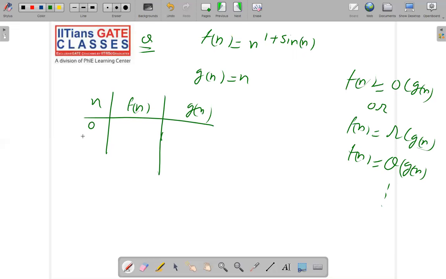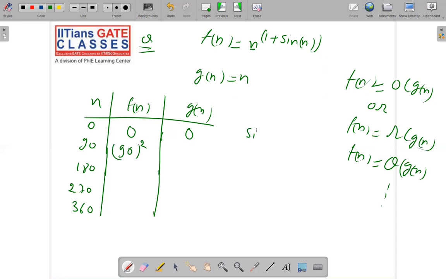Let's put the value of n as 0, 90, 180, 270, 360, like this. Fn is n raised to power 1 plus sine n. If you put the value of n as 0, this will be 0, and Gn will also be 0. For 90, it will be 90 squared, because sine 90 is actually 1.